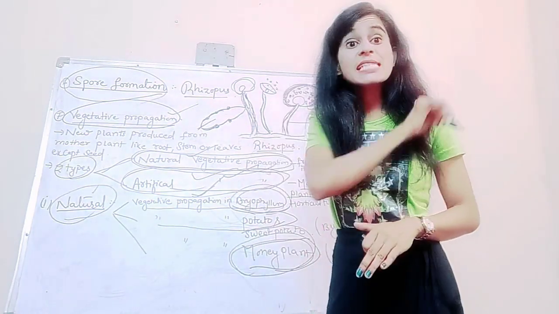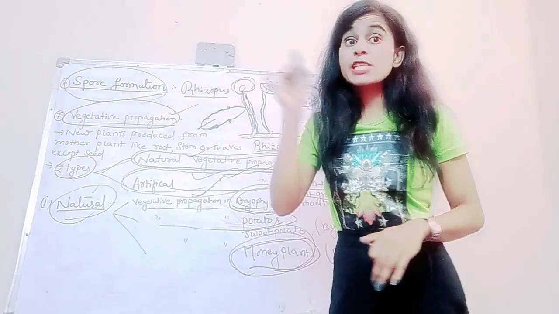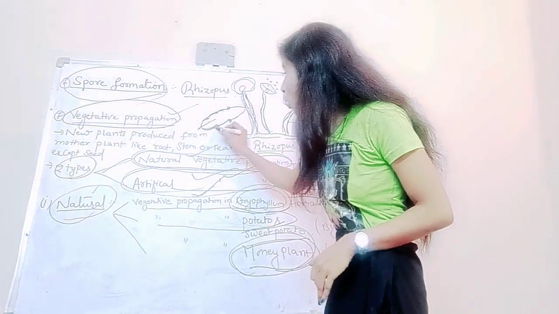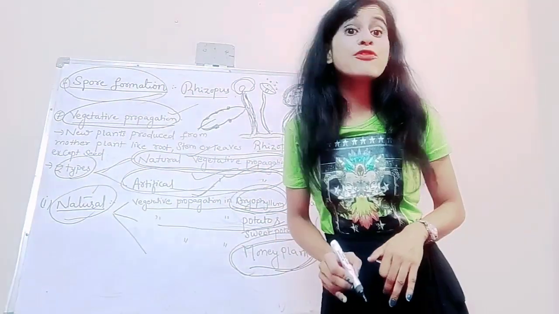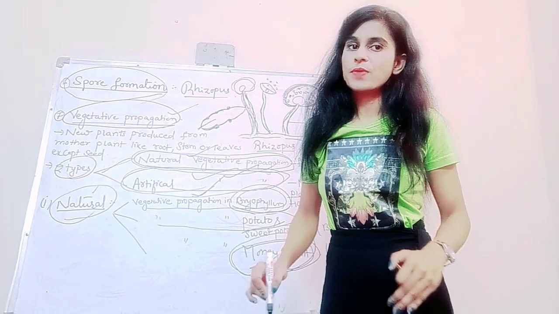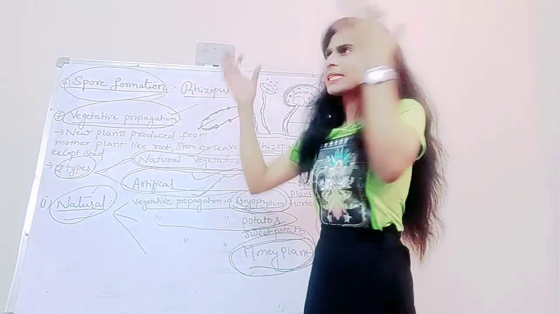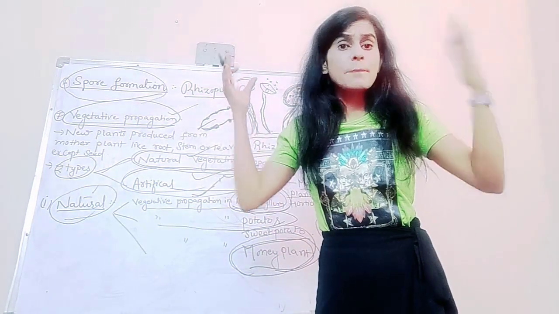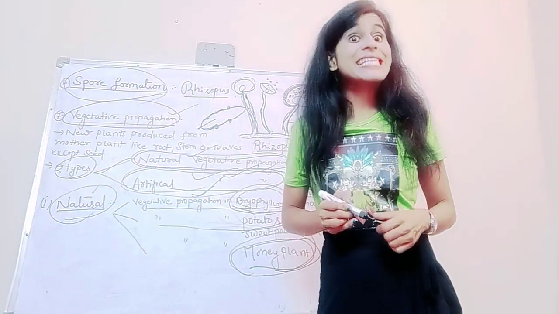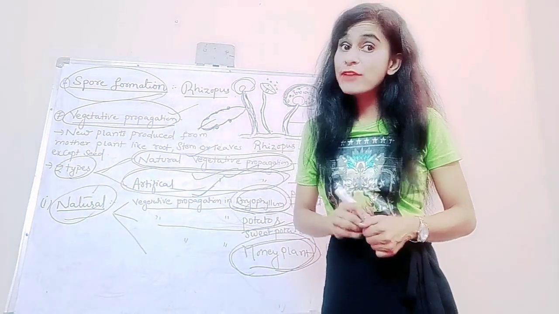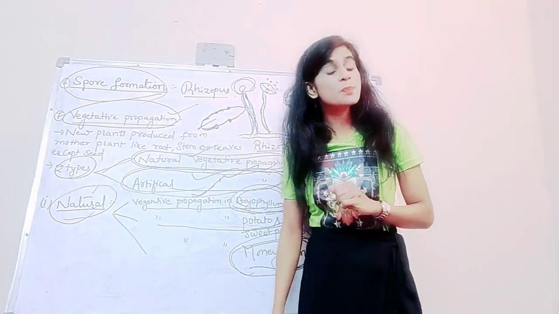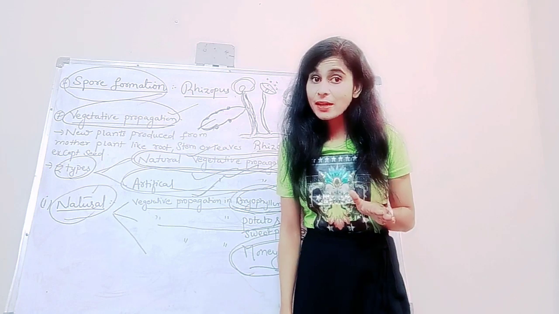This is how asexual reproduction in Bryophylum species takes place from the nodes present in the leaf margins, or in the nodes present in the stem also. Sometimes, even while the leaves are still on the plant, new plants germinate from the nodes. So this is how new plants are produced from the leaf in Bryophylum species. Am I clear, guys?